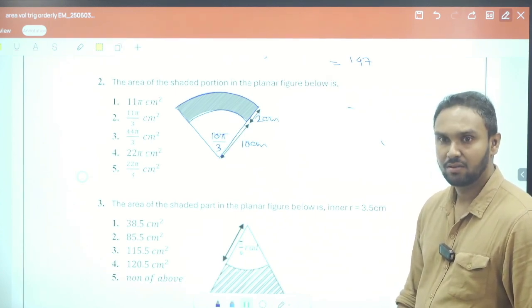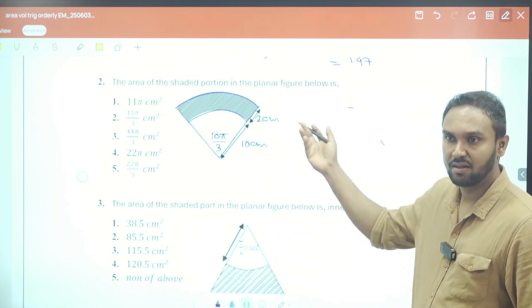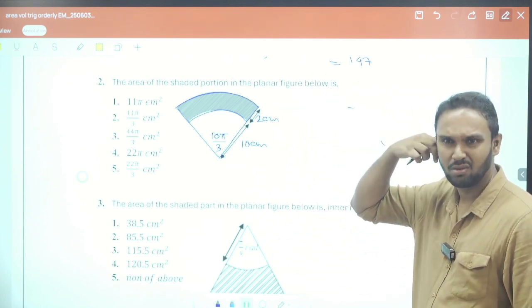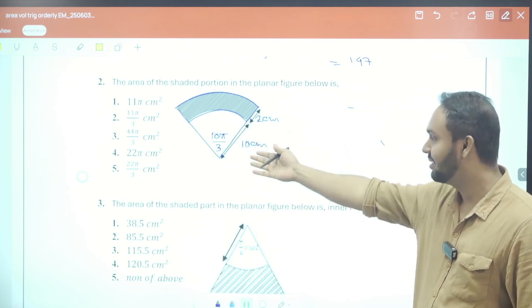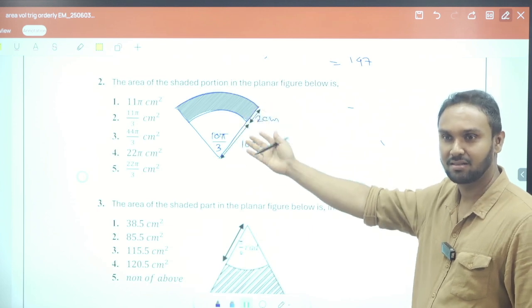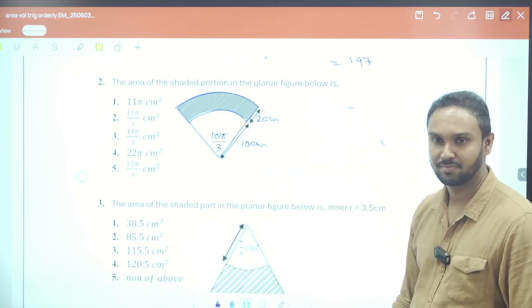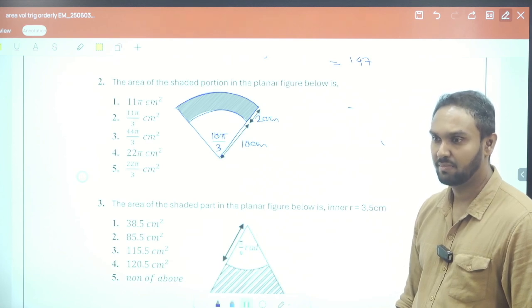You don't need to go into the arc length values here. Don't use the trapezium method here, because you can directly put the area difference: the larger sector deducted by the smaller sector. Put it in one equation and simplify it.